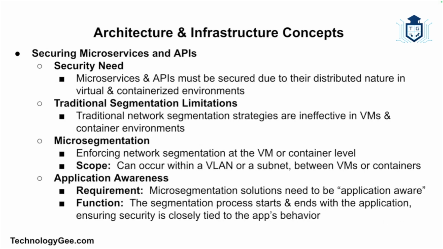Microservices and APIs need to be secured, and traditional segmentation strategies do not work well in these virtual and containerized environments. The ability to enforce network segmentation in container and virtual machine environments is called microsegmentation. Microsegmentation occurs at the VM level or between containers in either a VLAN or a subnet, and microsegmentation solutions need to be application aware, which means the segmentation process starts and ends with the application itself.